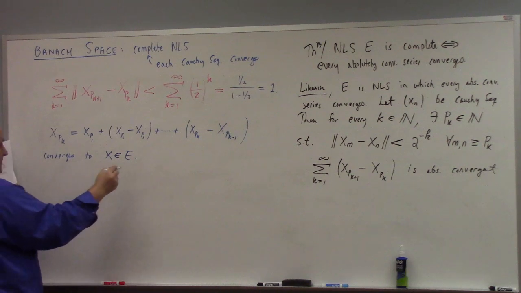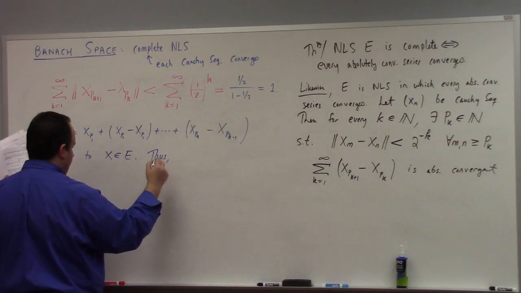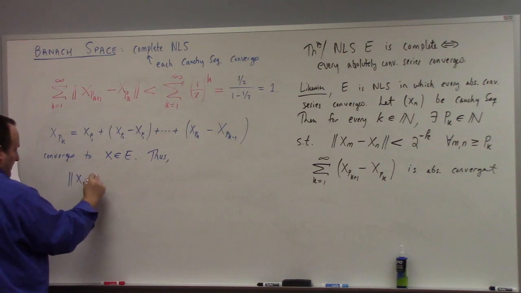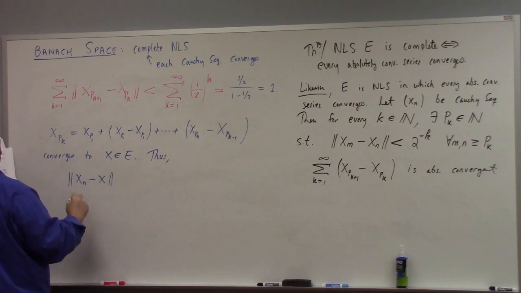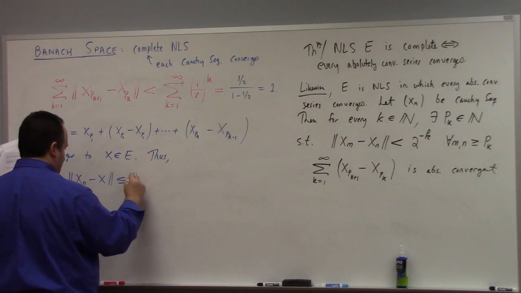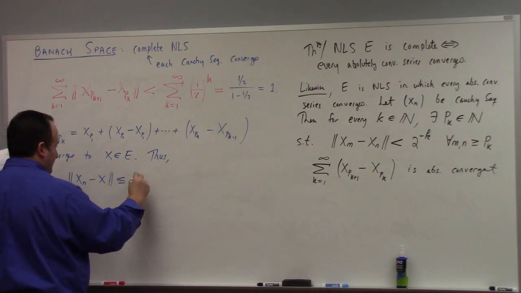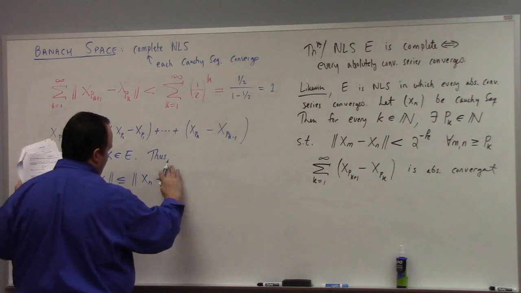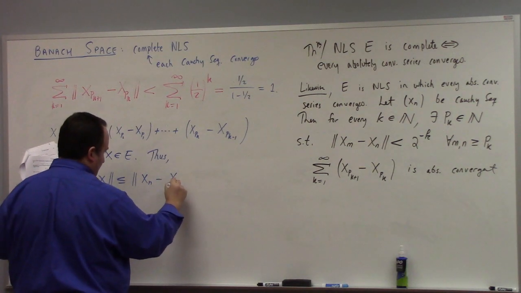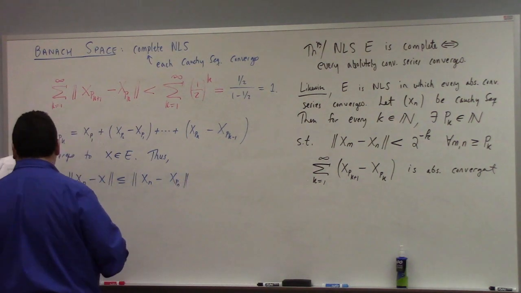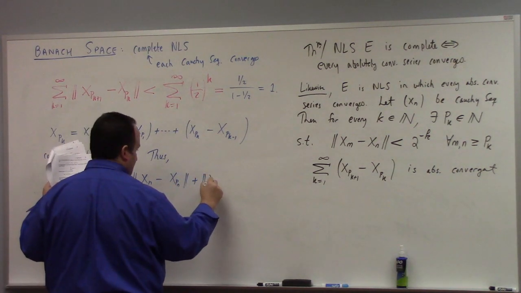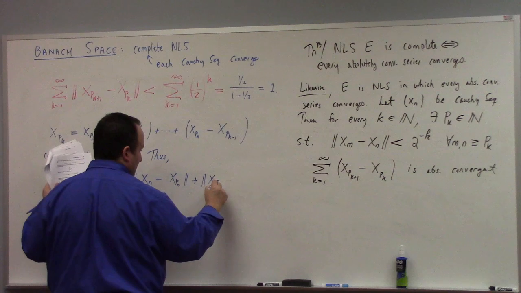Consequently, I'll trade his consequently for a thus. The norm of x_n minus x is less than or equal to the norm of x_n minus x_{p_n}, plus the old add zero trick again, followed by the triangle inequality, right?